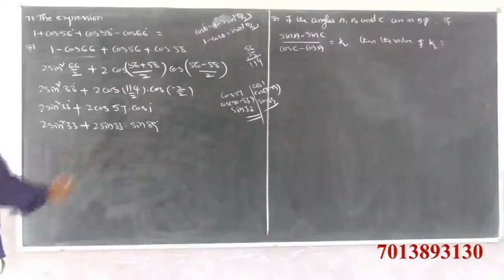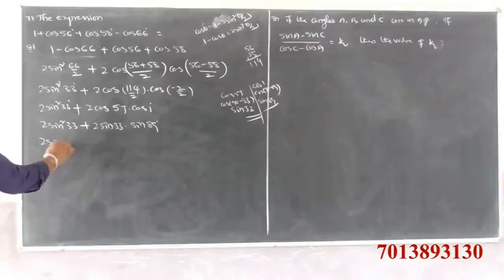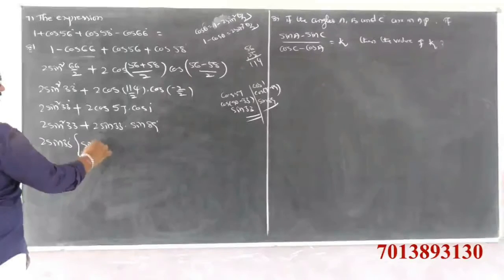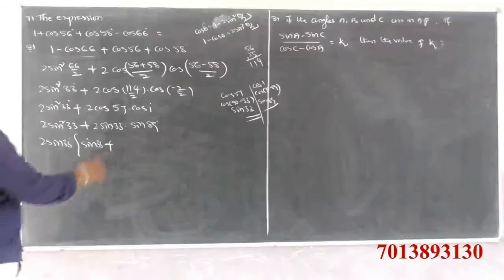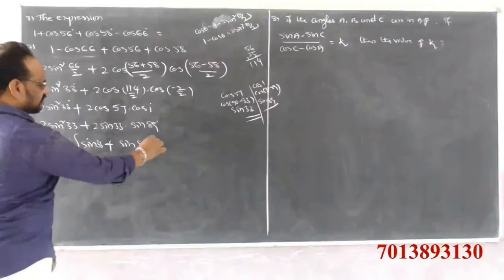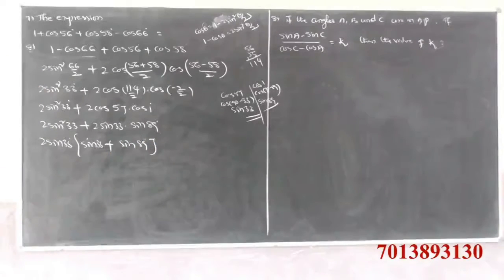So take 2 sin 33 as common, here we get sin 33 plus remaining here, that is sin 89. So it is in the form of sin c plus sin d.